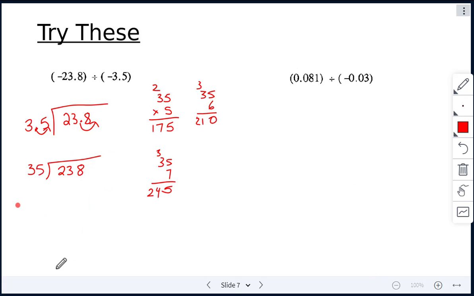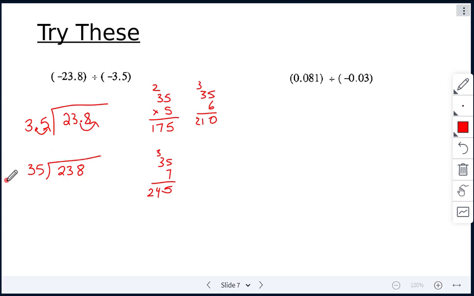All right, so we are looking at this example here, negative 23.8 divided by negative 3.5, and we know negative divided by negative, the answer will be positive. So all I've done here is I moved 1 decimal place for the divisor, therefore I have to move 1 decimal place for the dividend. And this is what it looks like now.